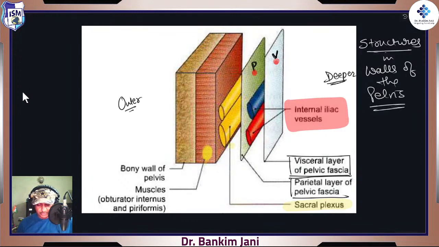So that is the location. These are the two things to remember. In other words, vessels are between two layers of fascia, and the sacral plexus is outside.